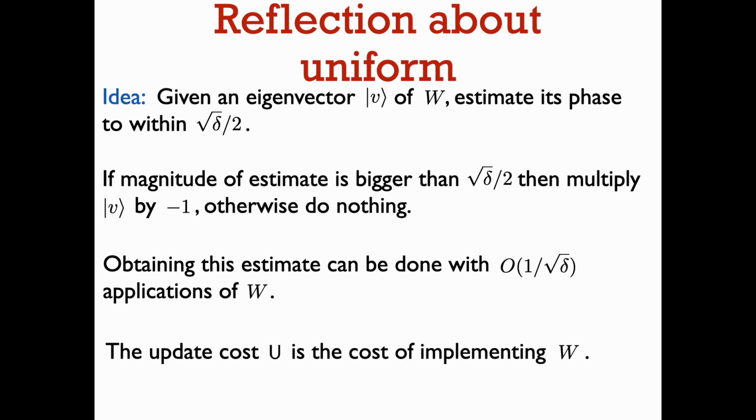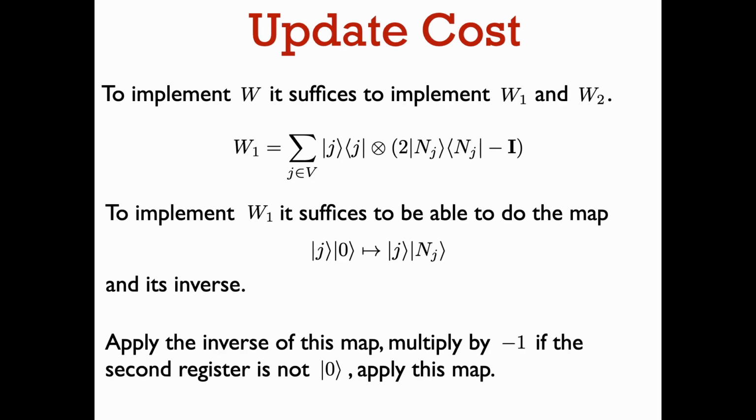So let's now see how we can implement W. To implement W, it suffices to implement W1 and W2. Let's focus on implementing W1. The case of W2 is similar. To implement W1, it actually suffices to be able to do the map that sends the state J tensor 0 to J tensor in J, and also to be able to do the inverse of this operation.